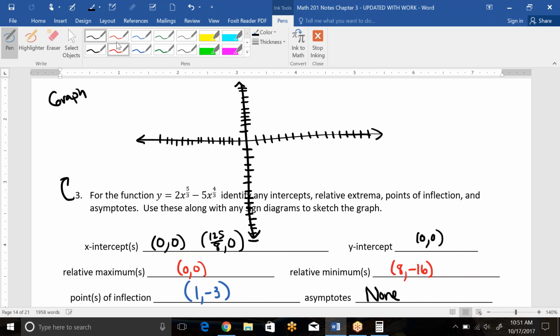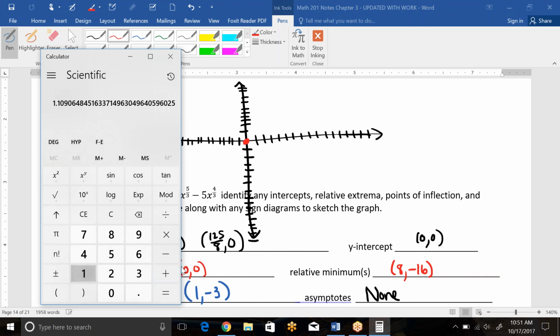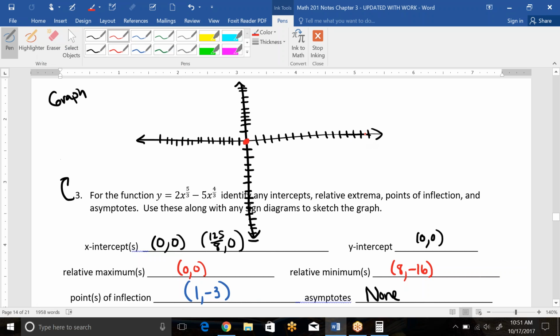Okay, so 0, 0, I'm going to do everything in red, is going to be a point on our x-intercepts. 125 divided by 8 is also an x-intercept. So that is 15.625. So about 15.625. 0, 0 is also a max.